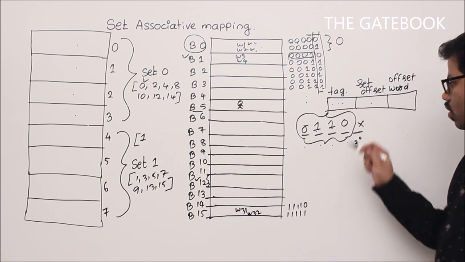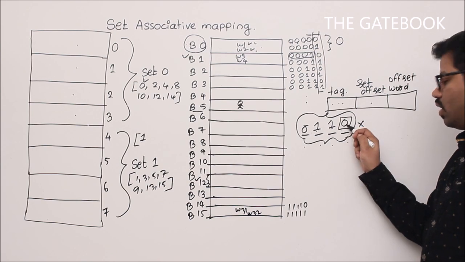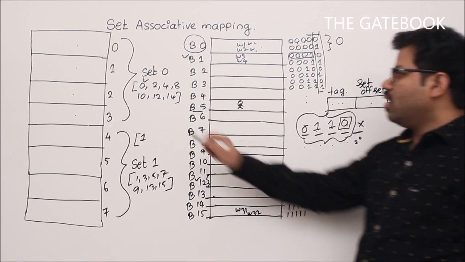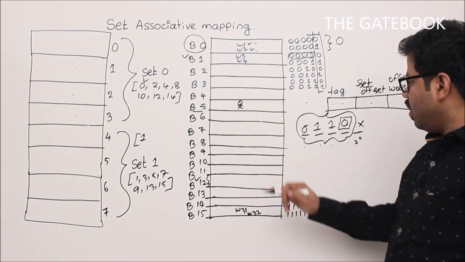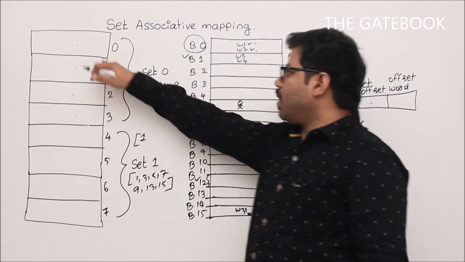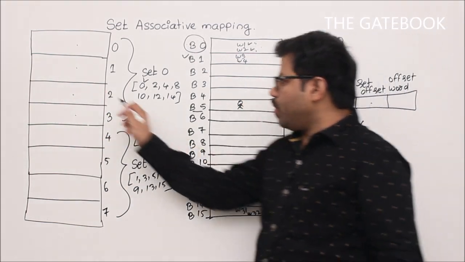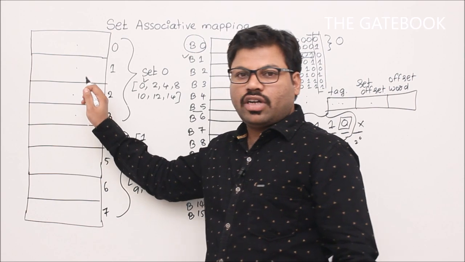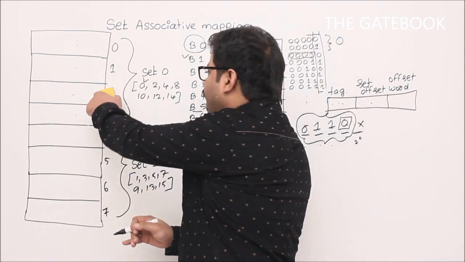Where should it go? Because there are 2 sets, simply take this bit, 0. So keep it in set number 0. In set number 0, where do you keep this block data? Anywhere, because there are 4 blocks. Wherever you keep it, for example in this second block, there will be a tag.